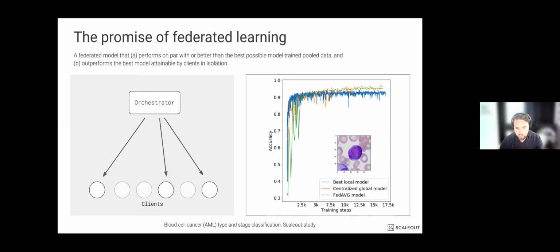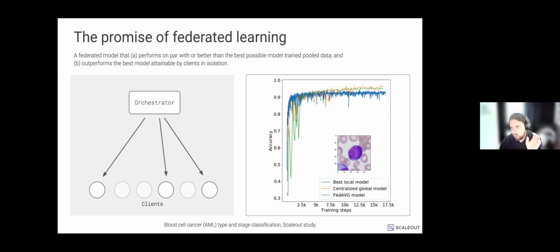It's a recently published model from a paper where you predict blood cell cancer types and their stages. And you can see in the curves here that we took the entire data set, which is about 17,000 images, and made in this case 10 partitions of this data.